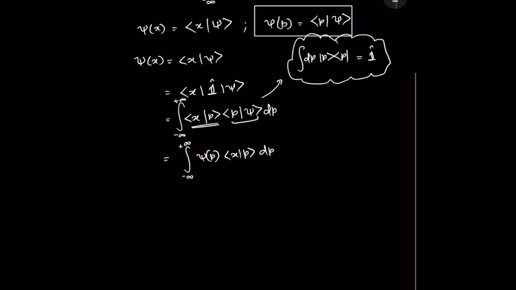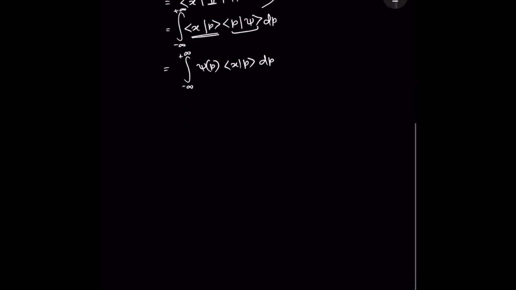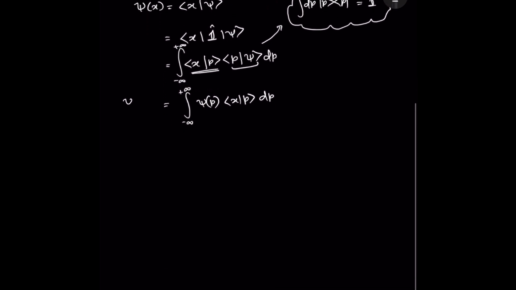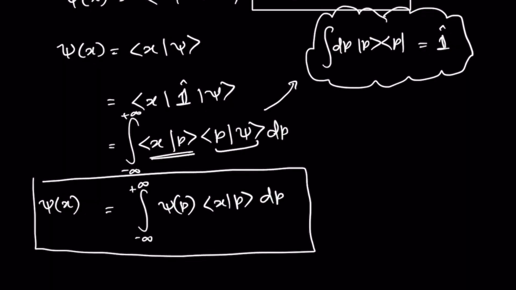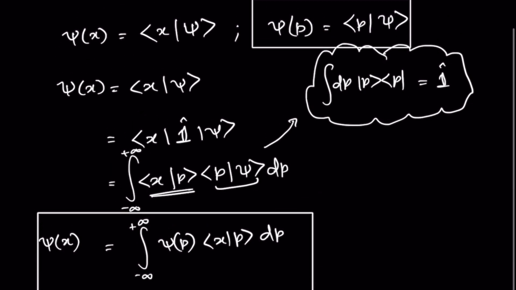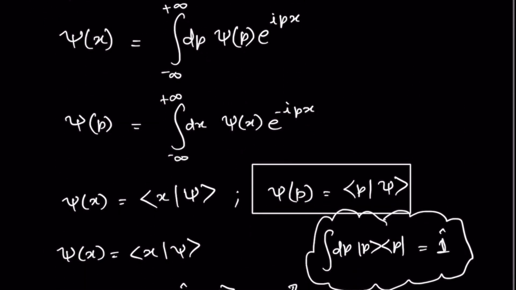Now we have this reserved right over here. Recall that the Fourier transform of the position is given by this thing right here.